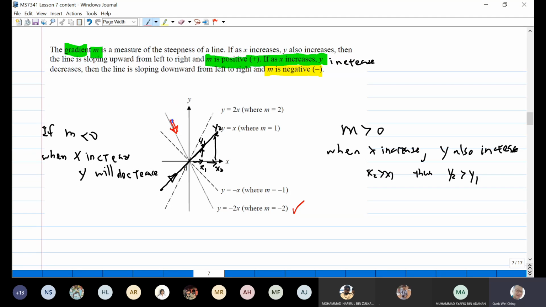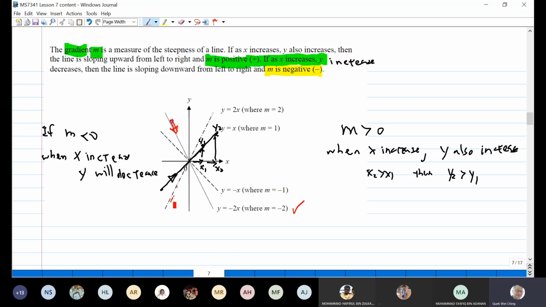Your x increases, the value of y will decrease, getting lesser and lesser. So this is how you can tell the difference. When you draw a straight line, you can see the direction of the straight line. If you have a straight line of this type, it is increasing.